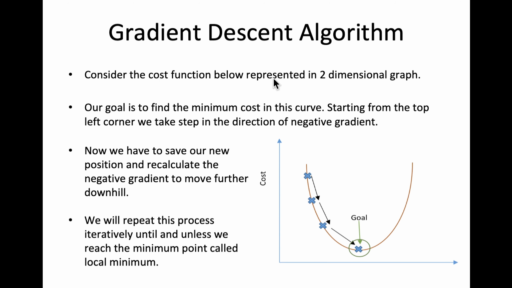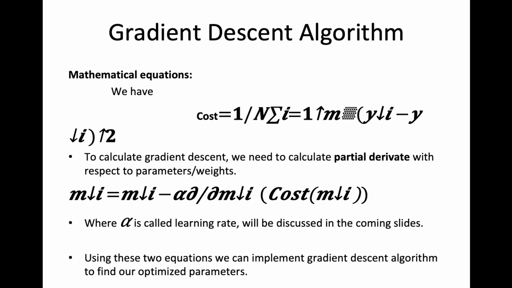So essentially this is our cost function in a two-dimensional graph. We want to find the minimum cost. So we start at the top left corner and we take a step in the negative gradient direction, and we have to save our new position, recalculate the negative gradient to move further downhill, and we repeat the process till we reach the minimum point or the local minimum, which is the lowest cost function.